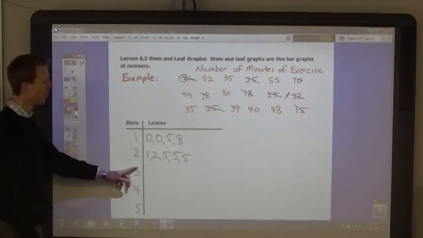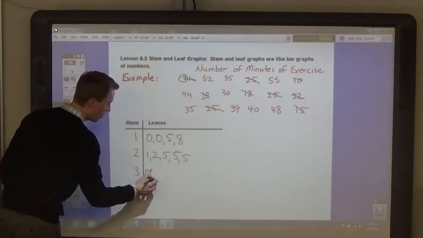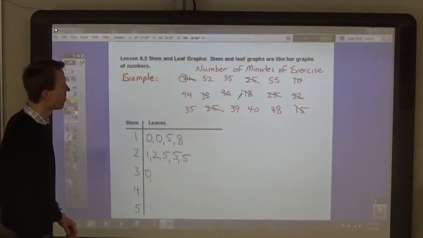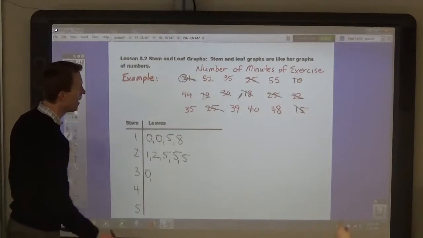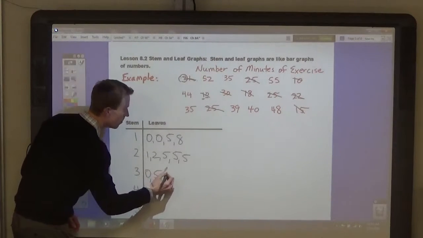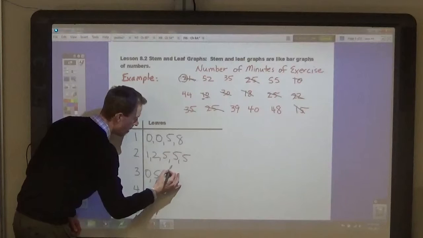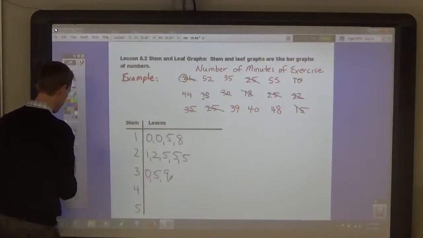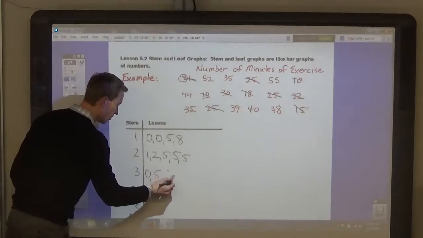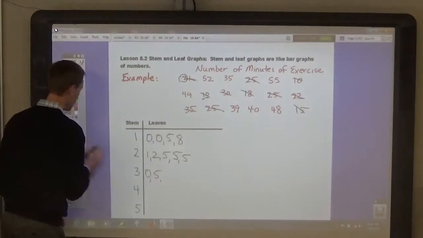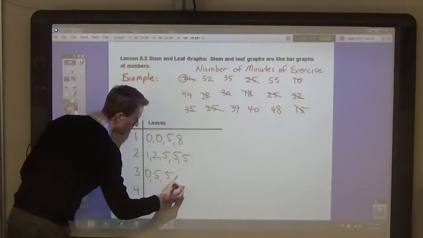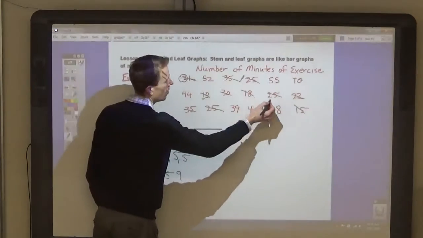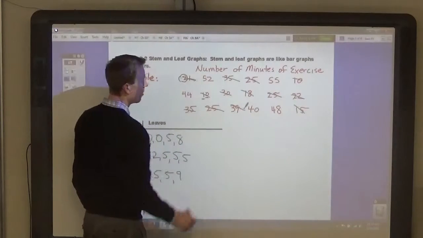And then 30. 35. 39. There's another 5. Oh, there's 2 35s. Yep. And a 39. 2 35s and a 39.